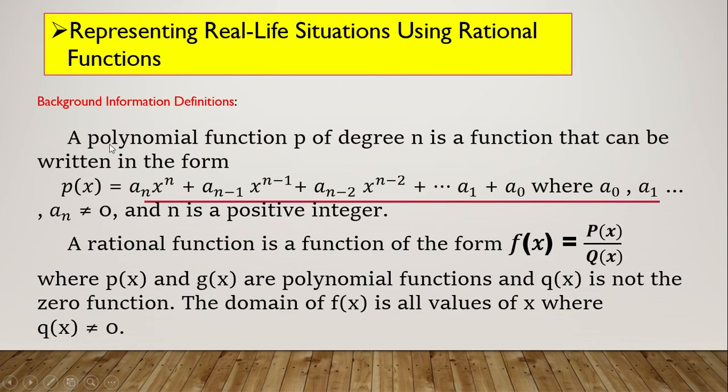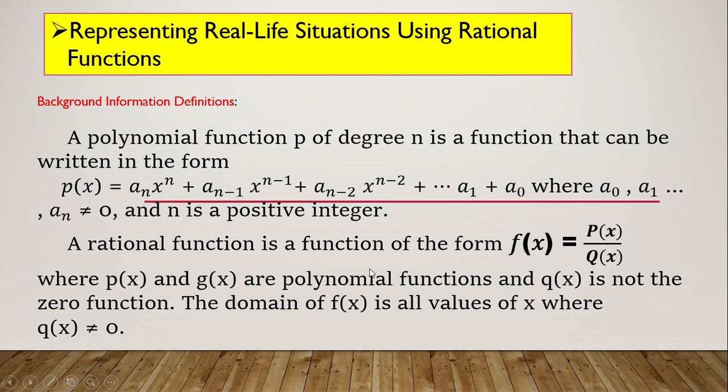So, the background information: a polynomial function p of degree n is a function that can be written in the form p of x is equal to a sub n times x raised to n plus a sub n minus 1 times x raised to n minus 1 plus a sub n minus 2 times x raised to n minus 2 plus, and so on, wherein a sub n should not be equal to 0, and n should be a positive integer.